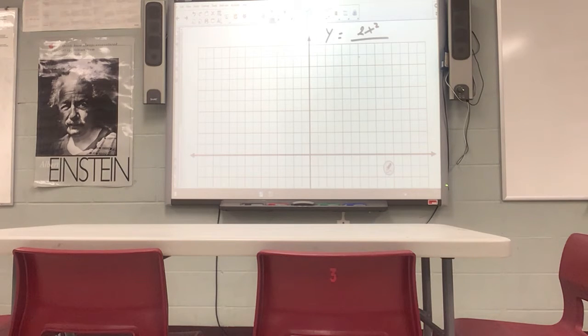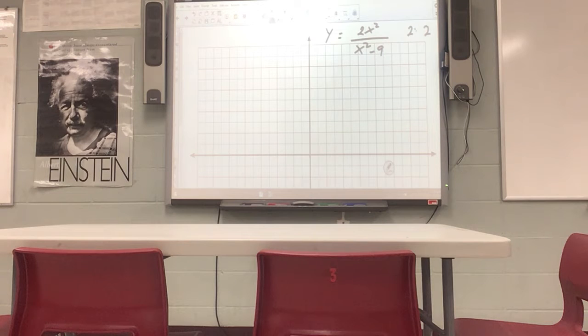Alright, so here we got y equals 2x squared over x squared minus 9. Now remember, we had 3 scenarios that we were checking for, comparing the degree of the numerator to the degree of the denominator. Our degree on the numerator is 2, and our degree on the denominator is 2. So what kind of sign would compare 2 and 2?